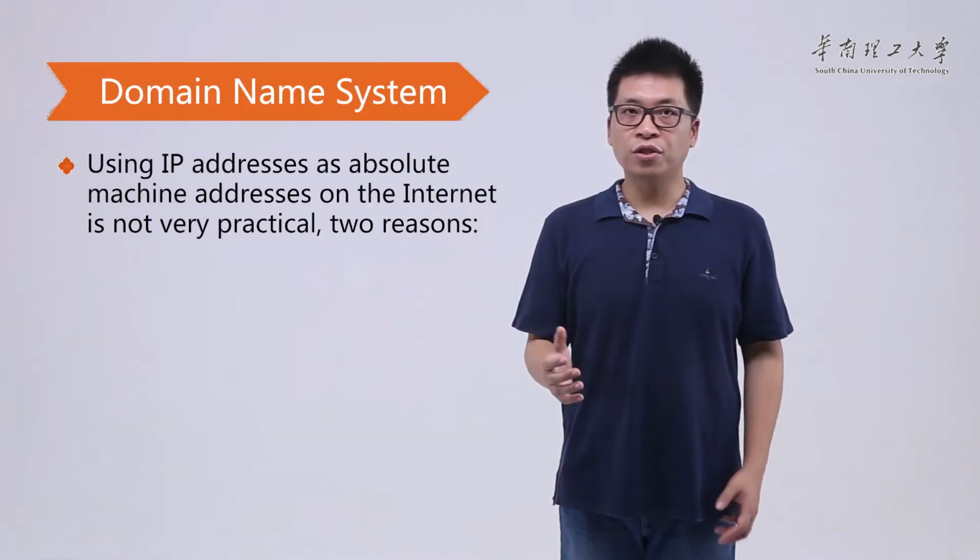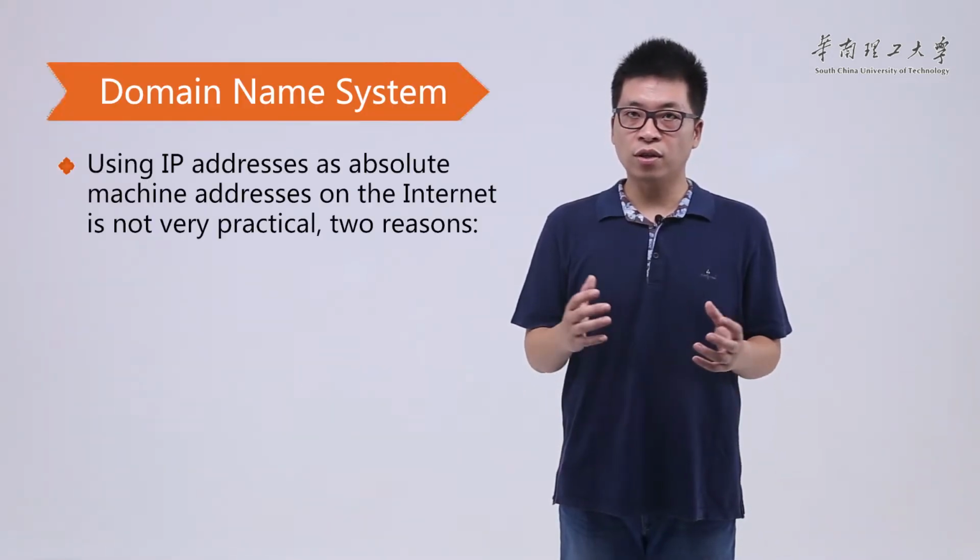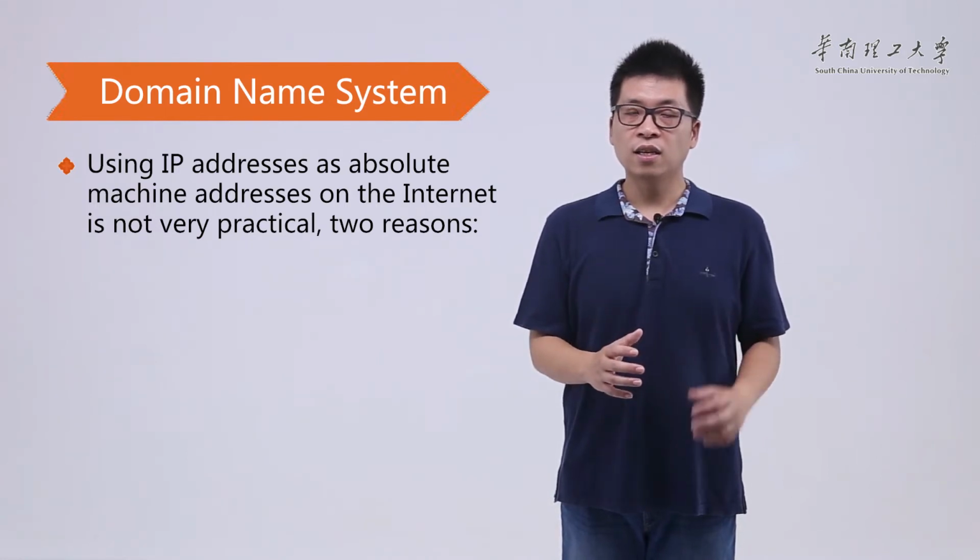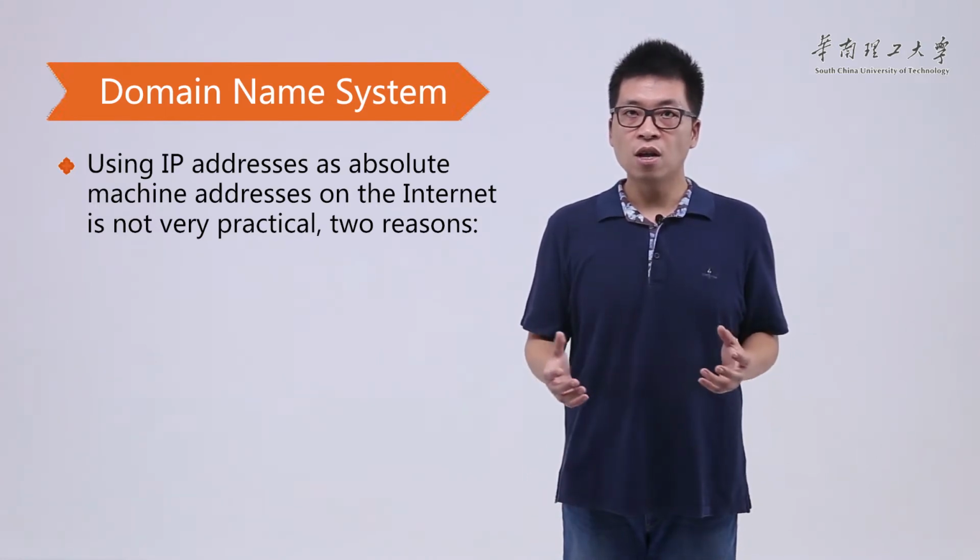We are going to introduce one of the famous applications, the Domain Name System, DNS. Using IP addresses as absolute machine addresses on the internet is not very practical, for two reasons.